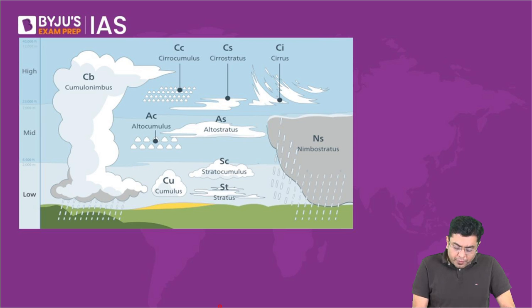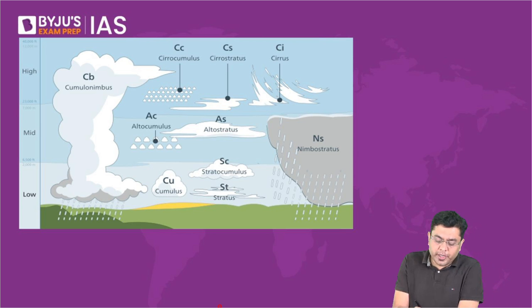So if you will observe here, you will observe that the high altitude clouds, they are either cirrocumulus, cirrostratus, or cirrus in themselves. Then you have the mid-level, that is altocumulus and altostratus, right? So at mid-level, if you have a horizontal spread, or at mid-level, if you have, let's say, accumulation, that is altocumulus.